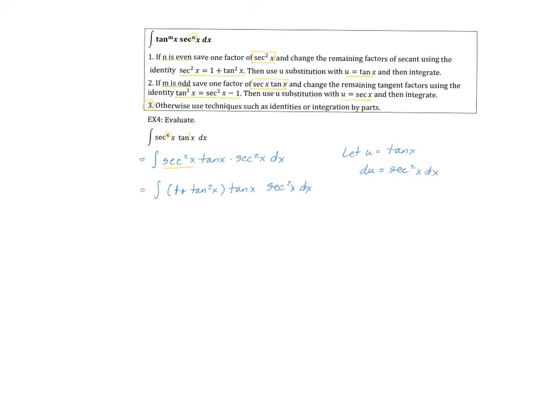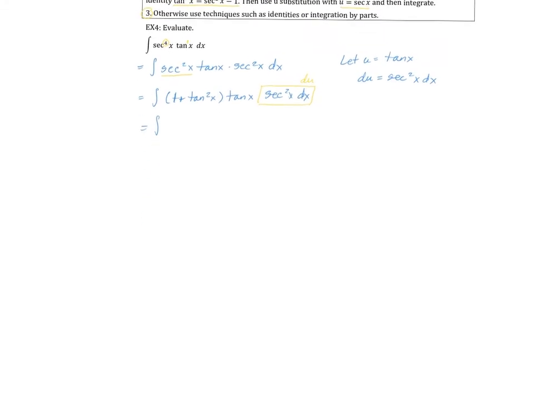Okay. So once I replace the secant squared x dx with du and replace all the tangents with u, I will have an integral with just the variable u. So we have 1 plus u squared times u du. And then distributing the u and getting rid of the parentheses, I have u plus u to the third du, which is super easy to integrate.